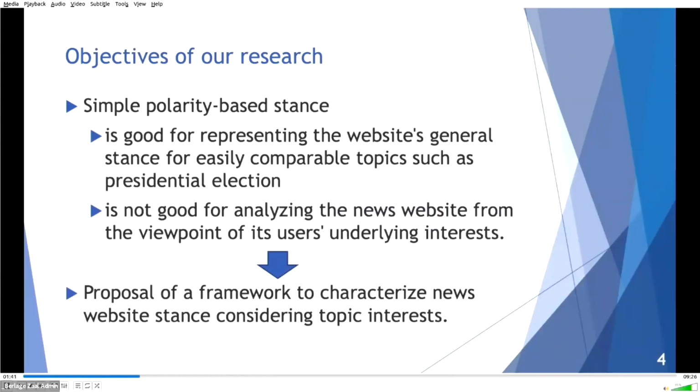Even though this simple method can represent a website's general stance, it is not good enough for analyzing the news website from the viewpoint of its users' underlying interests. So, in this research, we would like to propose a framework to characterize news website stance considering topic instances.